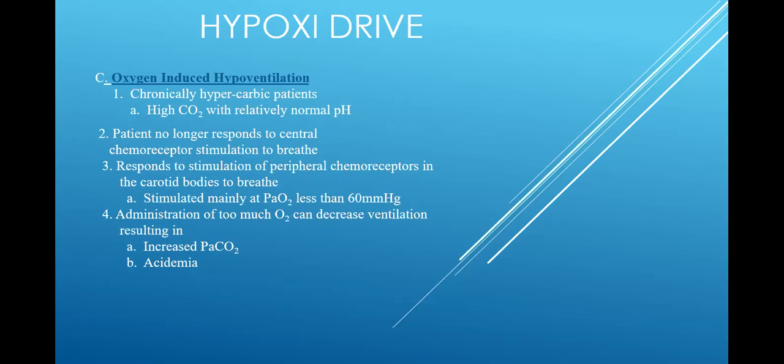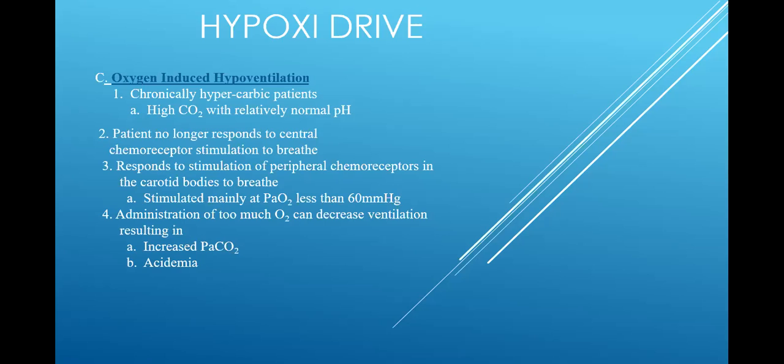So let's look at number one. Chronically hypercapnic patients or hypercarbic patients. These are patients with what? High CO2s. And who's got high CO2s all the time? COPDers. High CO2 with a relatively normal pH because they're fully compensated. Your COPD patients are usually fully compensated respiratory acidosis.